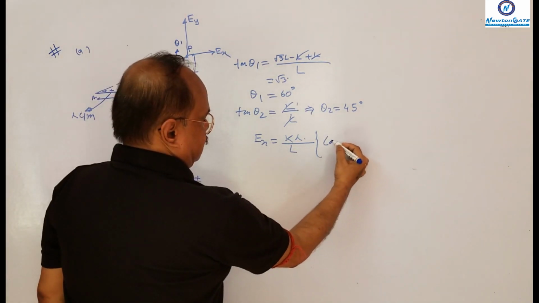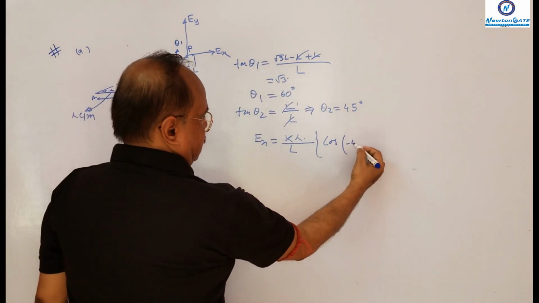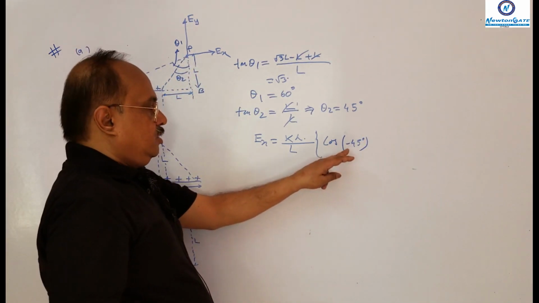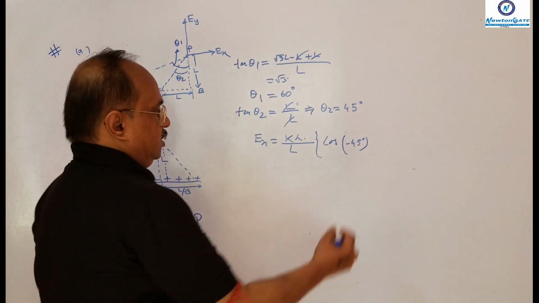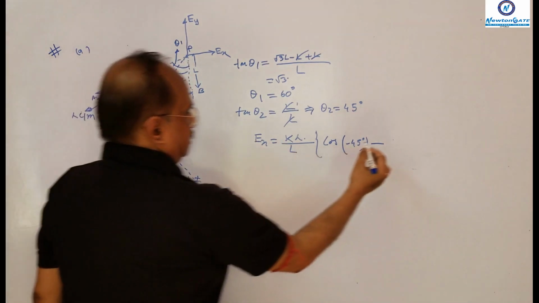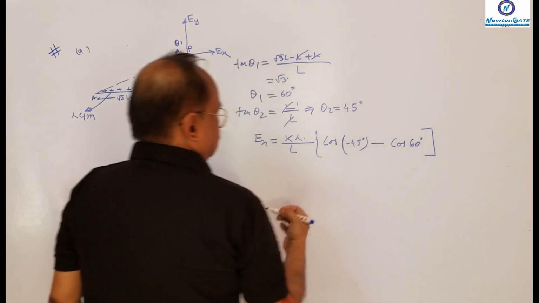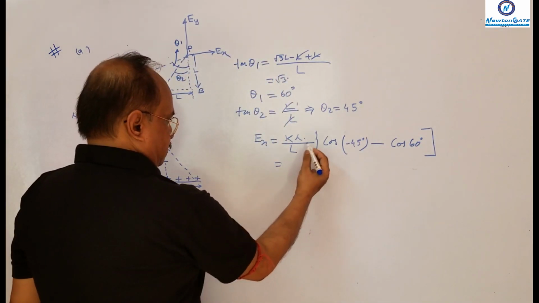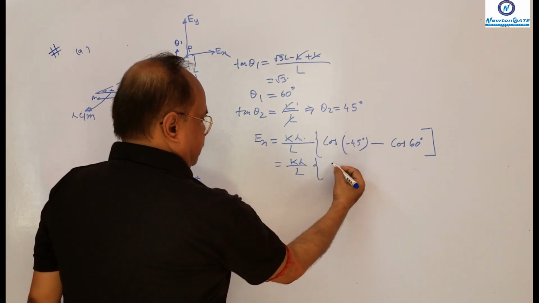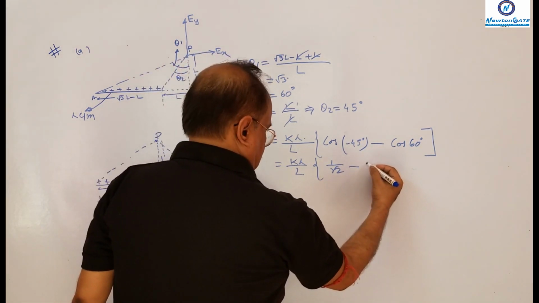Cos minus theta 2 is our minus 45 degrees. But there is no problem because cos absorbs the minus. So minus cos 60 degrees, that means cos 60 degrees is half. So it will become K lambda by L into cos 45, which is 1 by root 2, minus cos 60 degrees, which is half.